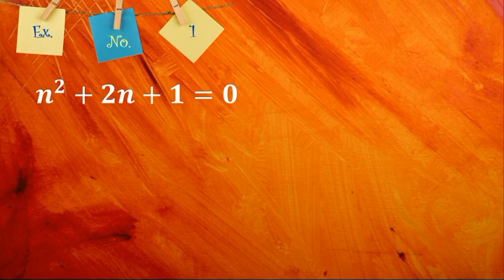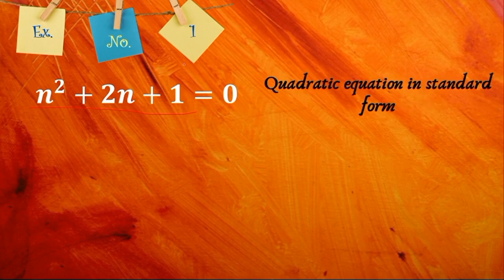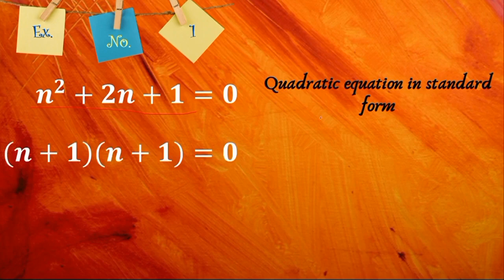Since the left side of the equation is already a trinomial, we can factor this using the factoring of quadratic trinomial. When you factor a quadratic trinomial, it will come out as the factor of two binomials.